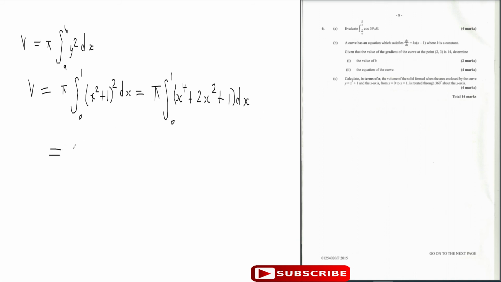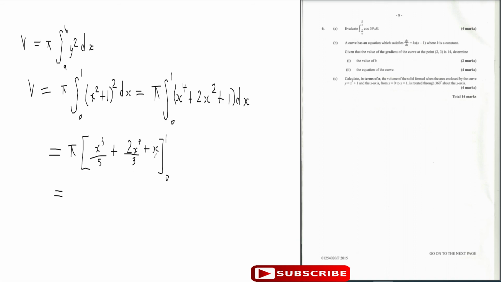So the volume works out to be pi times, all you have to do now is integrate. So integrate by adding 1 to the power: x to the 5th over 5 plus, adding 1 to the power, we get 2x cubed over 3 plus x, and we're going from 0 to 1. Now we don't even need to worry about the 0, just plugging in the 1.